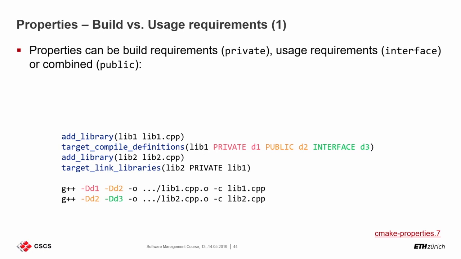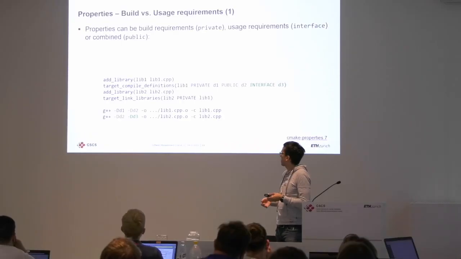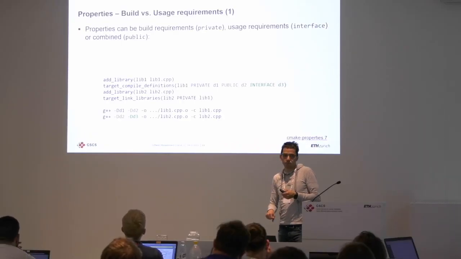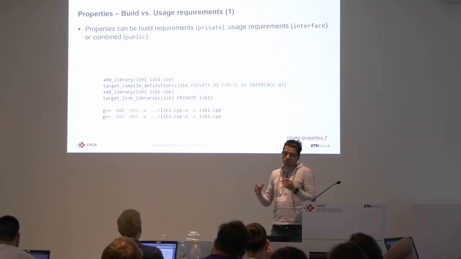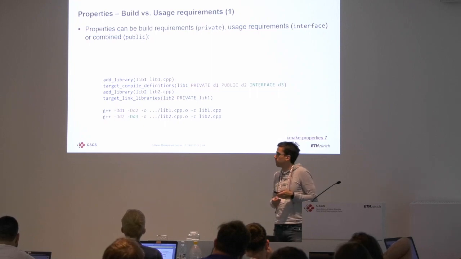A usage requirement is the complete opposite. This is something that we don't need when building the thing itself, but we need it when we link it against something else. So this is something that we need when we use the library. Like here, D3. D3 is not used when we compile lib1, but we use it when we link against it. And D2 is the combination of both of them.